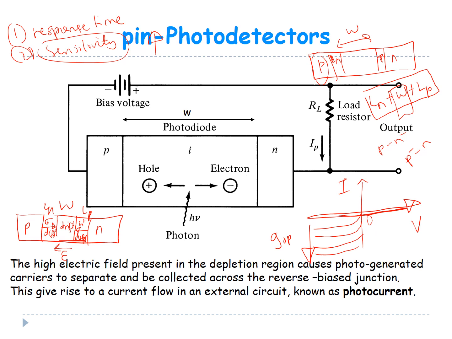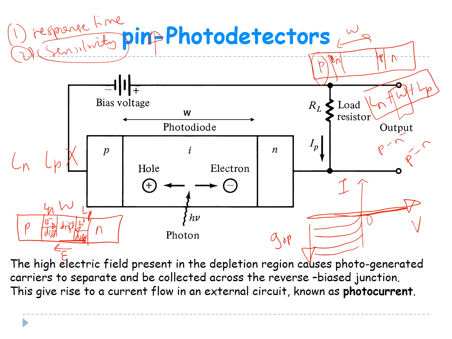So you can see that in terms of response time, generation of carriers in Ln and Lp is bad for response time, because diffusion is very, very slow. So you don't want to generate a lot of carriers in Ln and Lp.